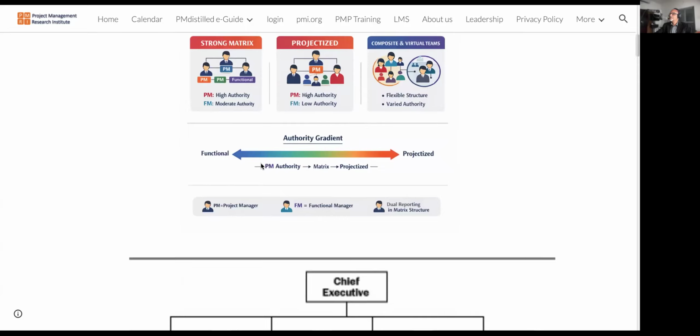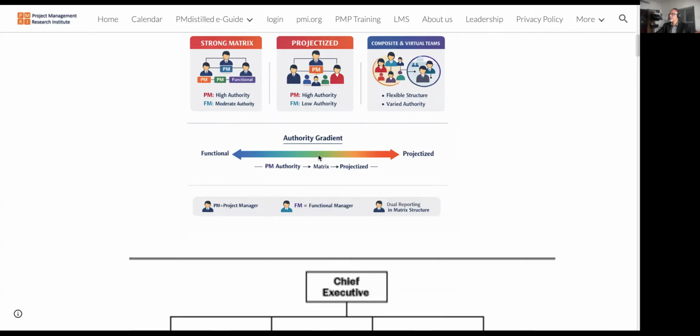Authority gradient. In a functional organization, the PM authority is very low and it keeps on growing. Functional organization, it is very, very low. Then in a matrix organization, it is better. So in a weak matrix, the project manager has more authority than in the functional organization.